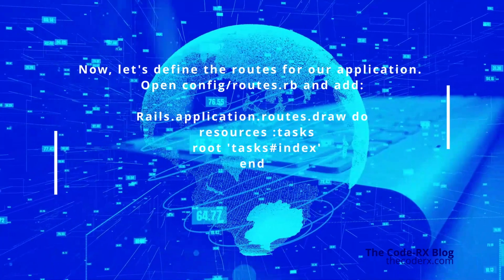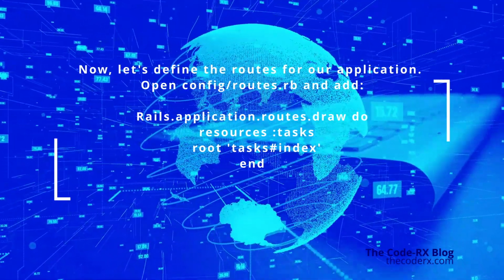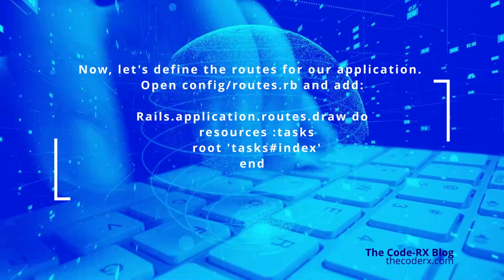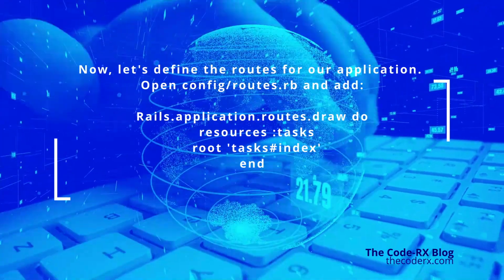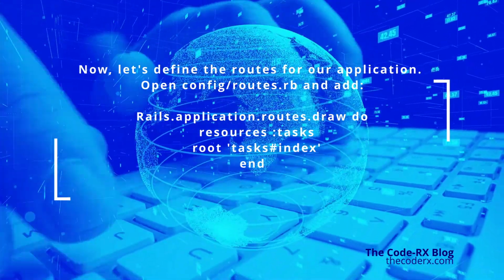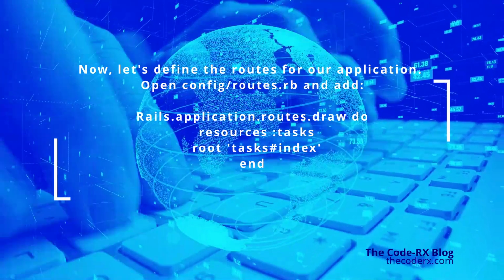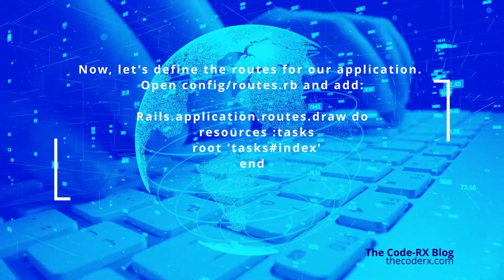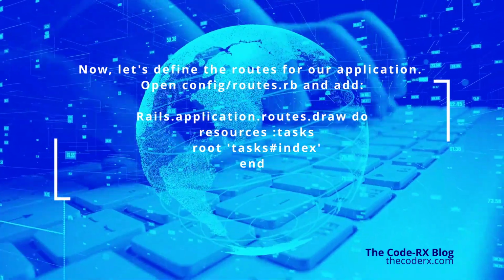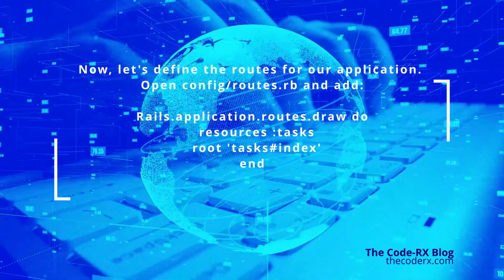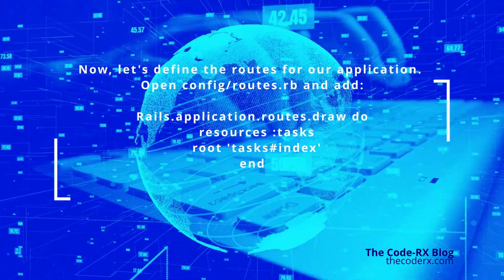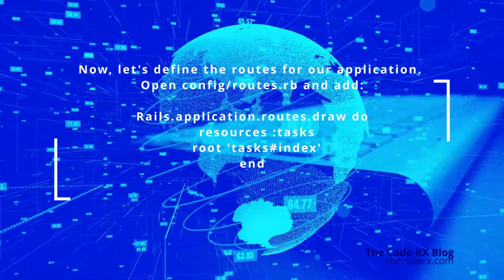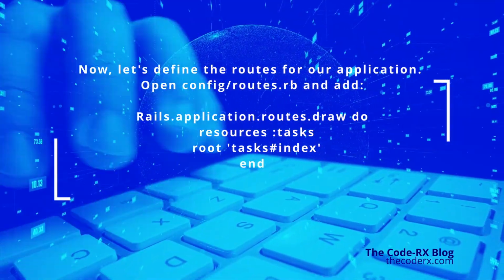Now let's define the routes for our application by opening config/routes.rb and then adding the following code: Rails.application.routes.draw do, then resources :tasks, then root to: 'tasks#index', and then type end.